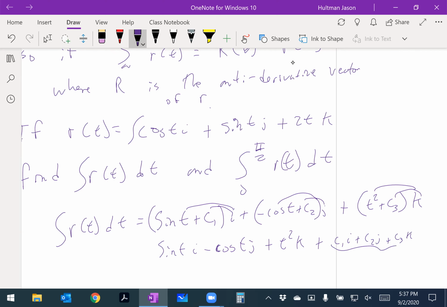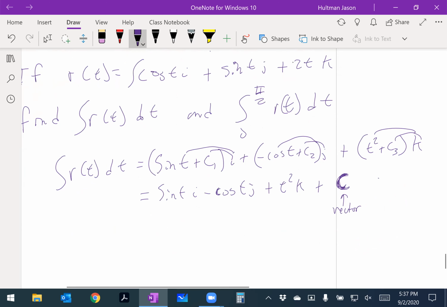And I'm just going to call this vector c. Does that make sense? That's just a constant vector. So I can really just erase this and just put c, knowing that capital C is a vector, not a scalar.